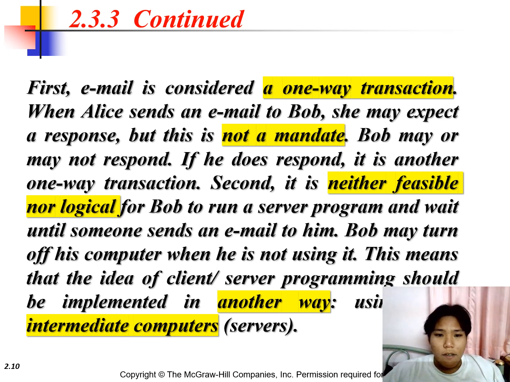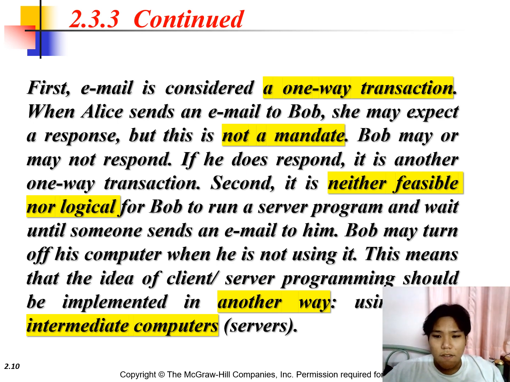First, email is considered a one-way transaction. For example, when Alice sends an email to Bob, she may expect a response, but this is not a mandate. Bob may or may not respond. If he does respond, this is another one-way transaction.